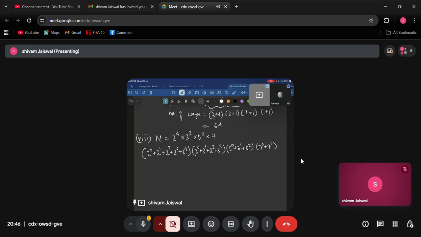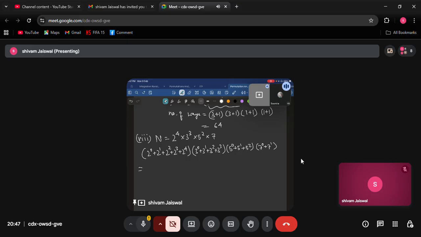Is it 4 plus 1 into 3 plus 1 like that? No, after this you have to simplify. Yes, sir. Because you see, you multiply any two of them, any three of them, you will always get a divisor of n. Are you getting? Yes, sir. Tell me, Raktim, Anandit, is it clear? Yes, sir. This will become how much?